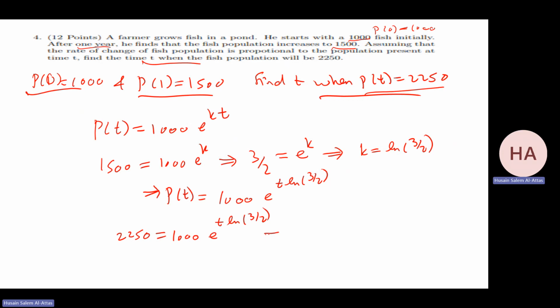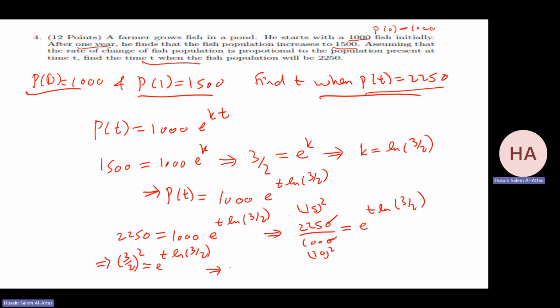I divide by 1,000. The trick is what? This is 225 and this is 100, which is 15 squared and 10 squared. So I have 3/2 squared, 15/10 is 3/2, squared, equal this.